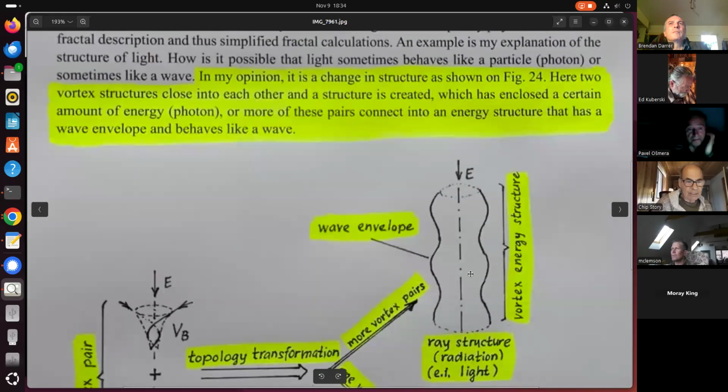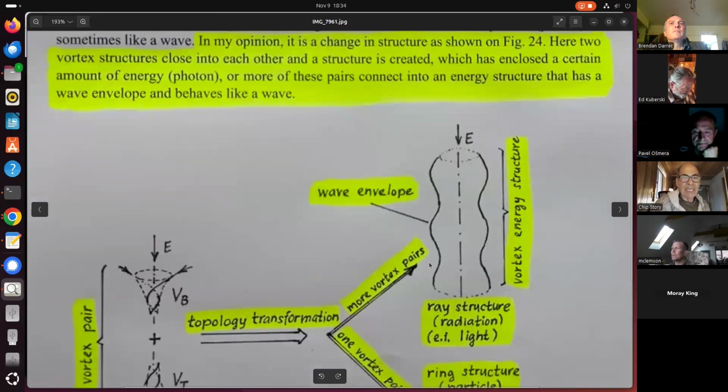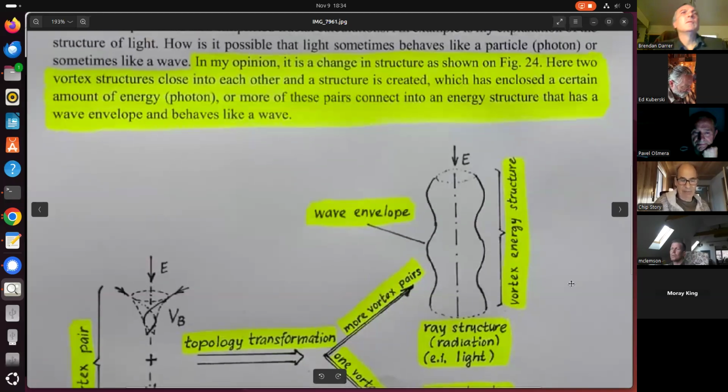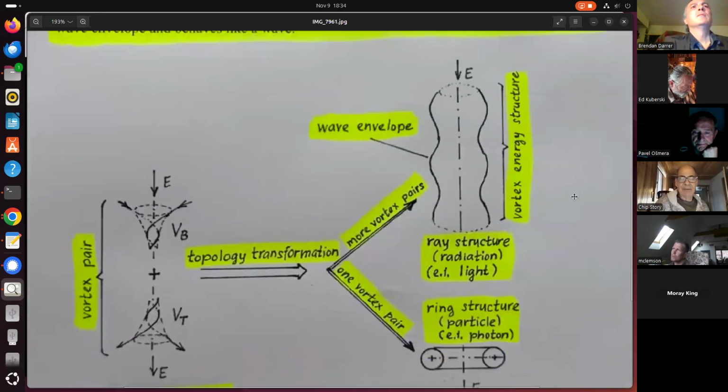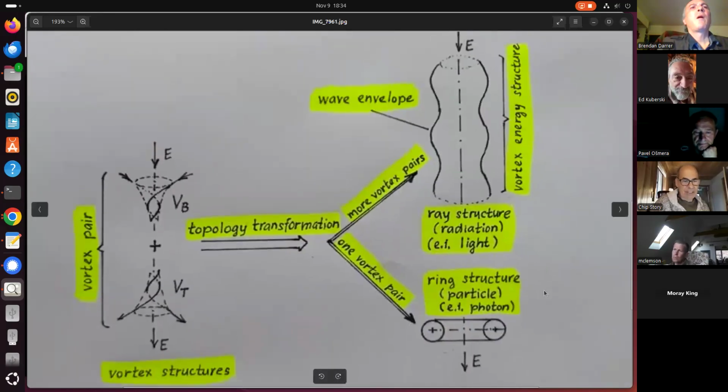Here, two vortex structures close to each other, and a structure is created which encloses a certain amount of energy, a photon, or more of these pairs connect into an energy structure that has a wave envelope, behaves like a wave. So we have definitions. This is amazing what he's got going on here.